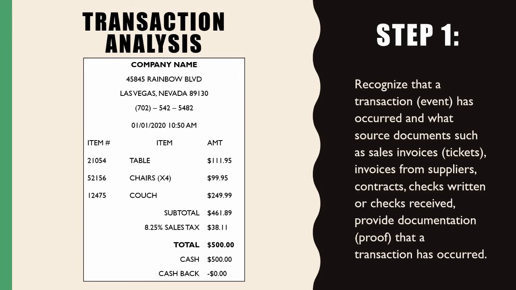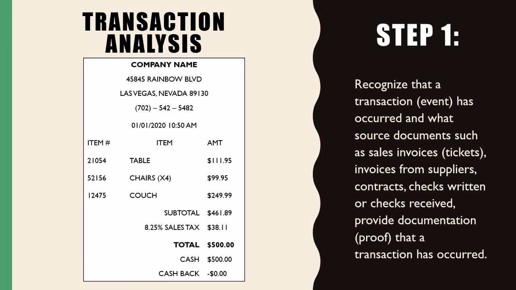So step 1, you're going to collect the proof of a transaction. That could be a receipt, a contract, an invoice, a bill, some kind of proof that a transaction has occurred, whether you received items and owe on a bill, or whether you went to the store and paid with a debit card, credit card, or cash. That's going to be considered proof of transaction because money has been moved from one place to another.